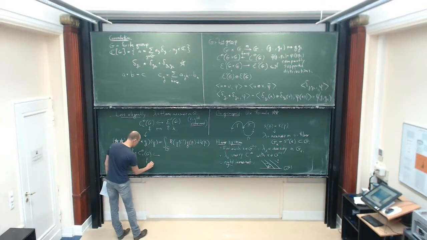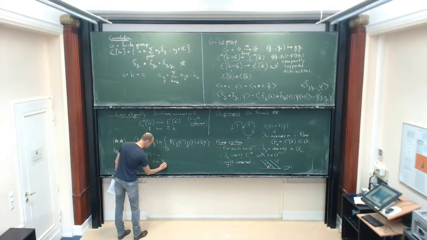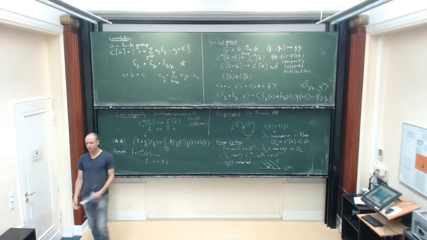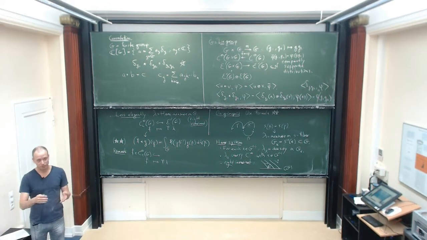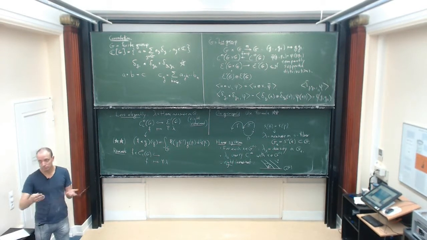You take your function and you multiply it with the Haar system. What sort of thing do you get? Well, it's not a distribution on the groupoid, but it's a family of distributions, one in each source fiber.